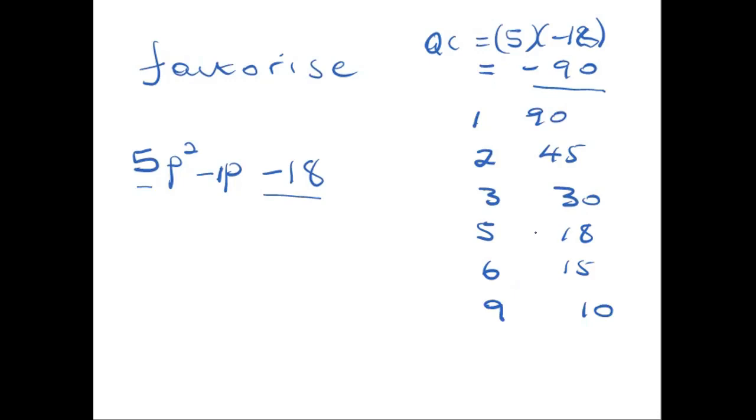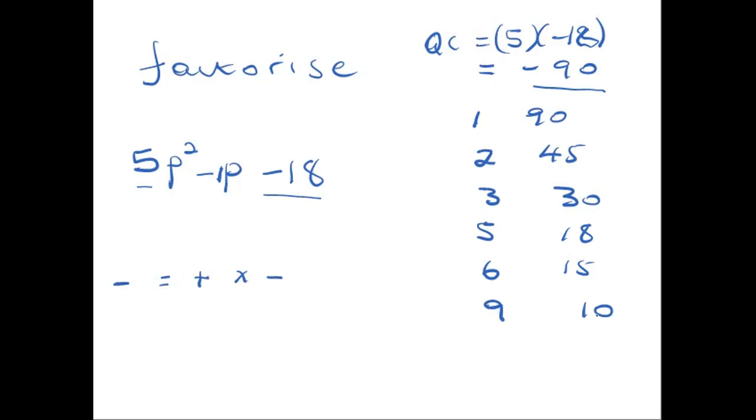But we have to realize here that the last term C is negative. It helps to remember that if the last term is negative, you're going to have alternating signs. We're multiplying a positive number and a negative number. In this case, we have 9 and 10.